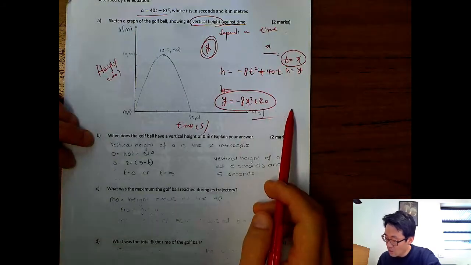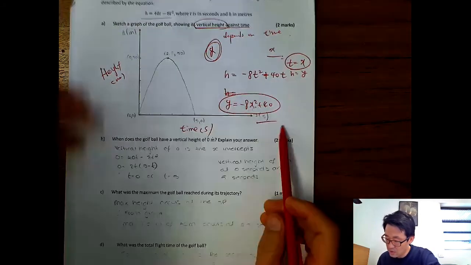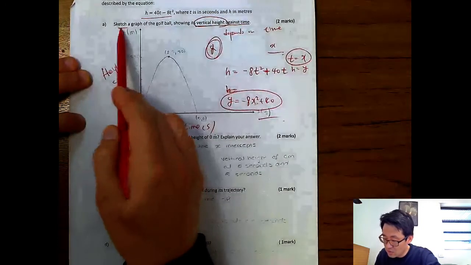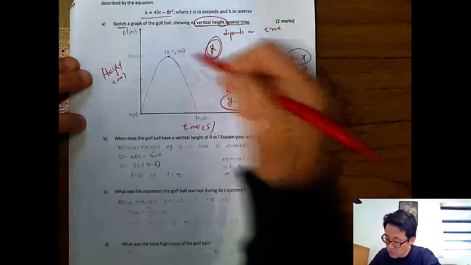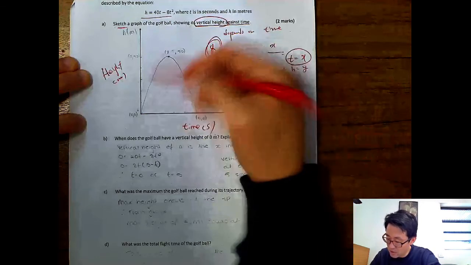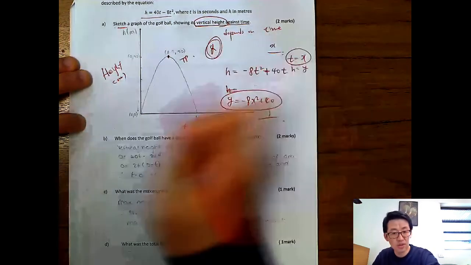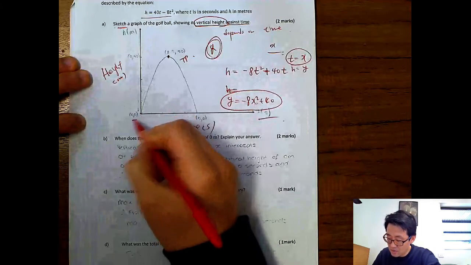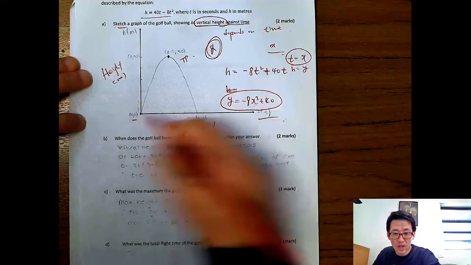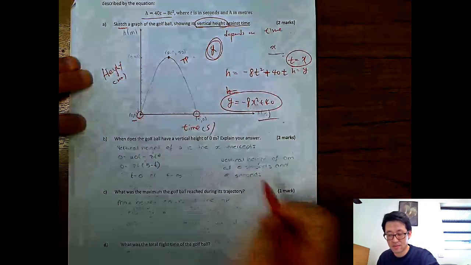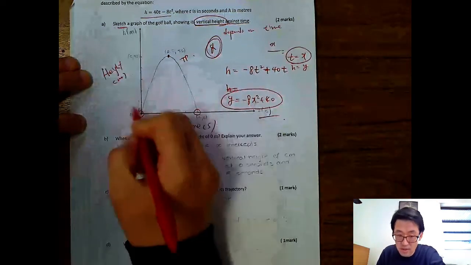So all I need to do is sketch. How can I sketch this? You go and get the turning point, isn't it? And I know it's going to be 0 when I start. How do I get this?